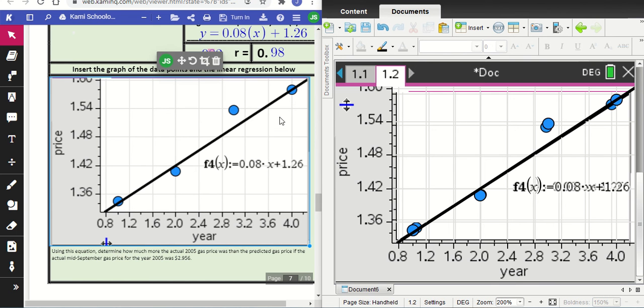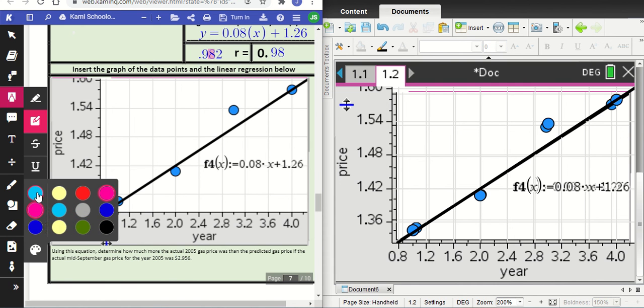Now, once I have my linear regression in my document, I go to the next part of the question, which says, use this equation to determine how much more the actual price was than the predicted price. So highlight those 2 words because they're very important. One of these values is real.